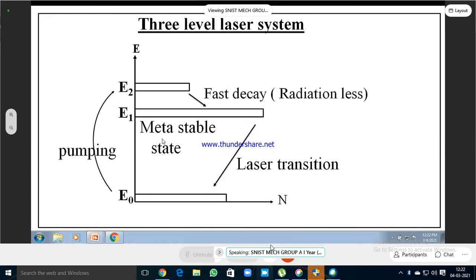If we achieve the population inversion, then n2 is greater than n1. Normally n1 is greater than n2, but we have achieved n2 greater than n1 in the E1 level. Got it?